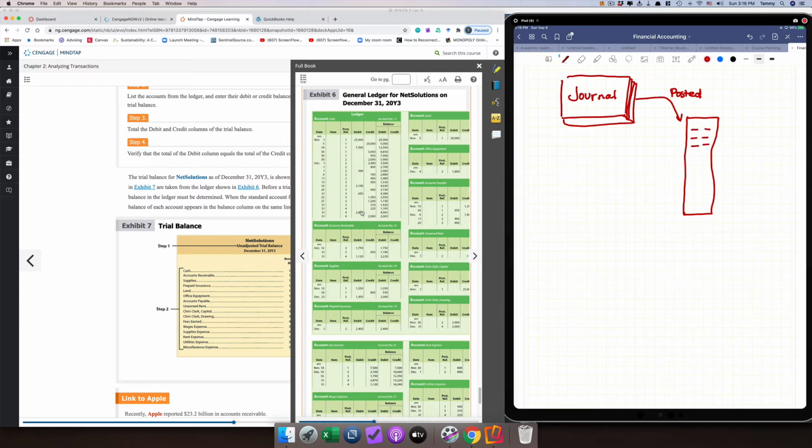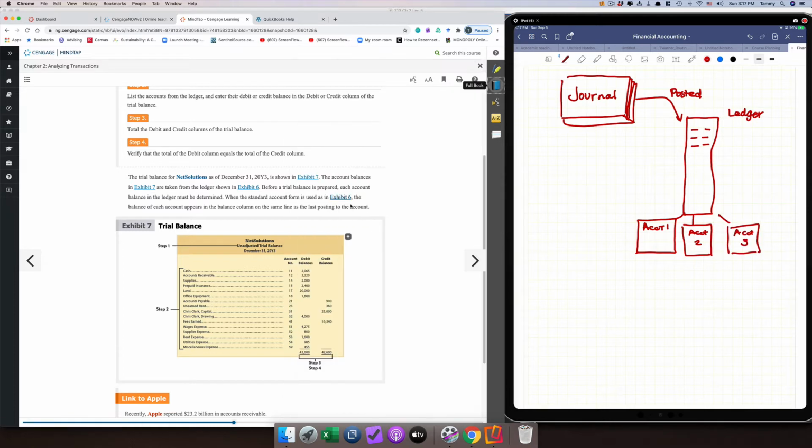And then within the ledger are all the accounts with all of their balances, etc. And at the end of the month, part of the process of closing out the month's books is you generate what's called a trial balance.